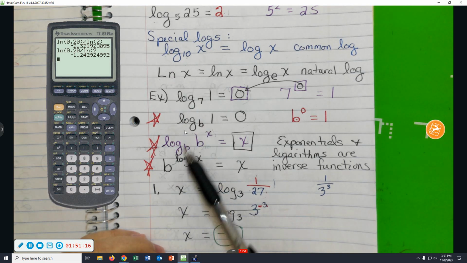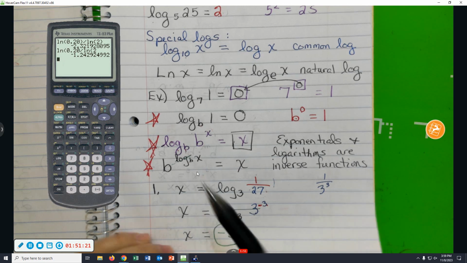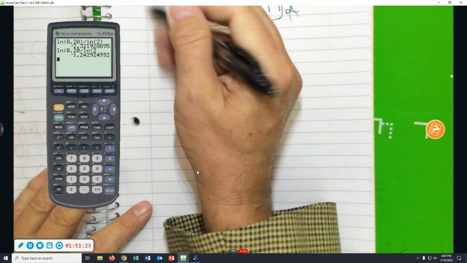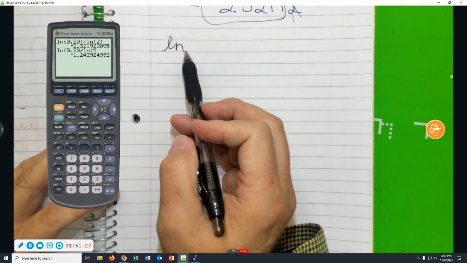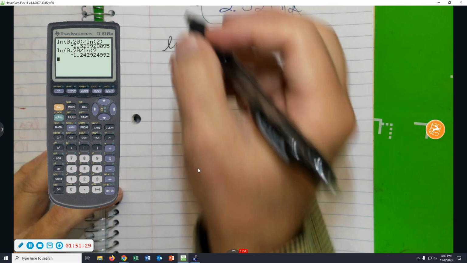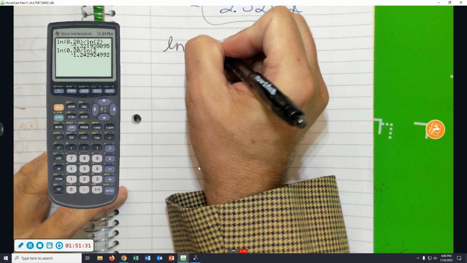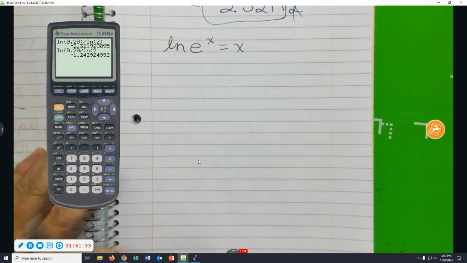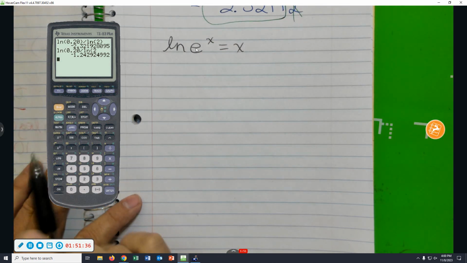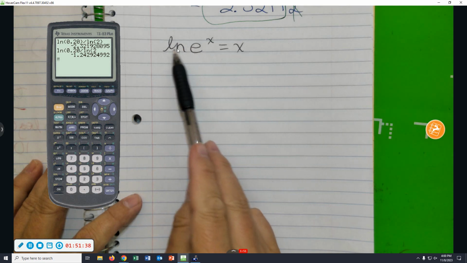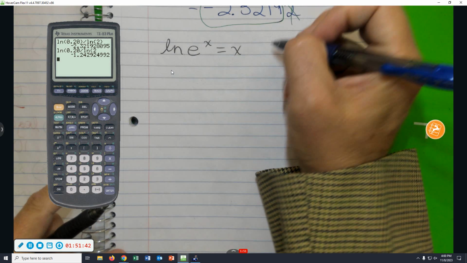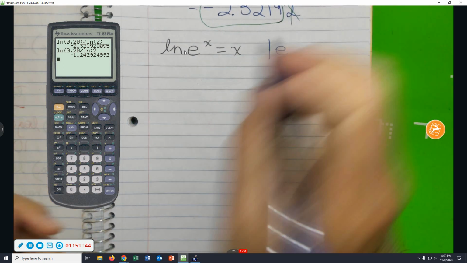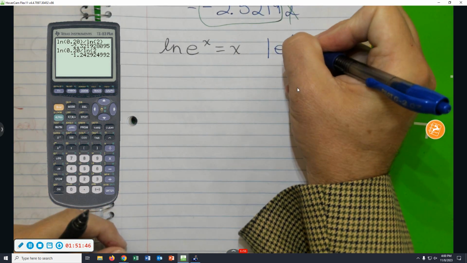Instead of log base b, it's just ln. Now, what's the base of the ln notation? I don't see a subscript. It's e. ln of e to the x equals x. So ln and e cancel each other out when they're side by side. Or write it the other way. e to the ln x.